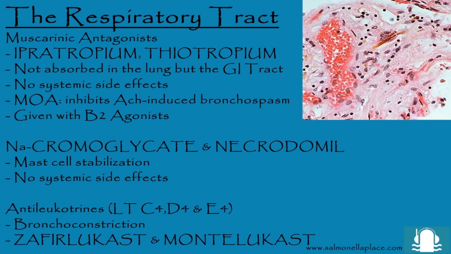And the last subgroup on this slide is the anti-leukotriene drugs. These combat the leukotrienes C4, D4, and E4, which cause bronchoconstriction. The drugs used are zafirlukast and montelukast, and they are leukotriene 1 receptor antagonists. There are no major side effects.